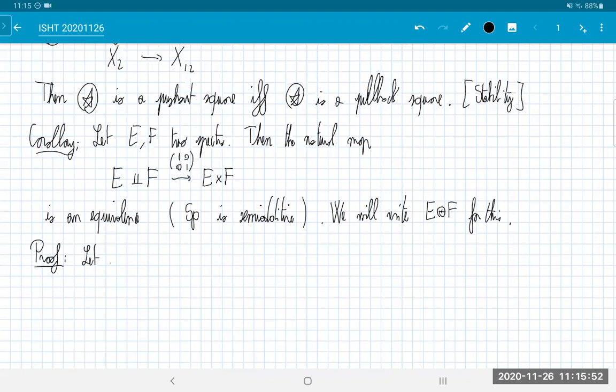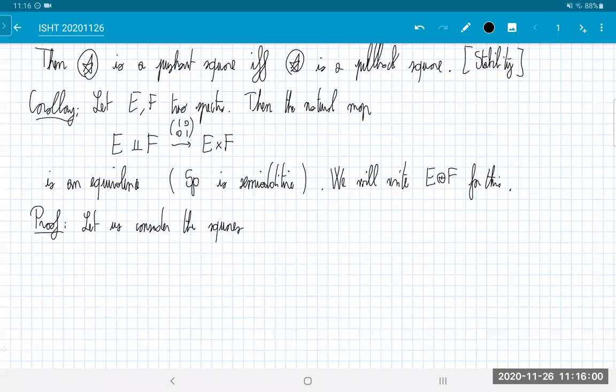Let us consider the squares. Which one do I want? I want this one.